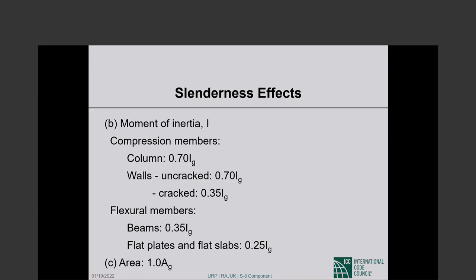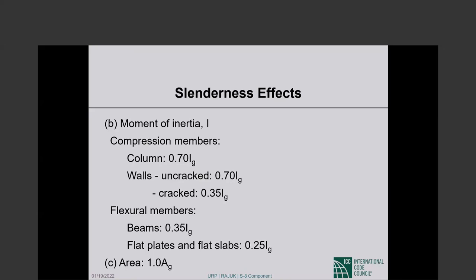Okay, so I for compression members, columns, is 70% of I sub G. Walls, if they're cracked, 35% of I sub G, uncracked 70%. Beams or flexural members, 35% of I sub G. Flat plates and flat slabs, 1/4 of I sub G. That's kind of interesting. And area is 1.0 A sub G.